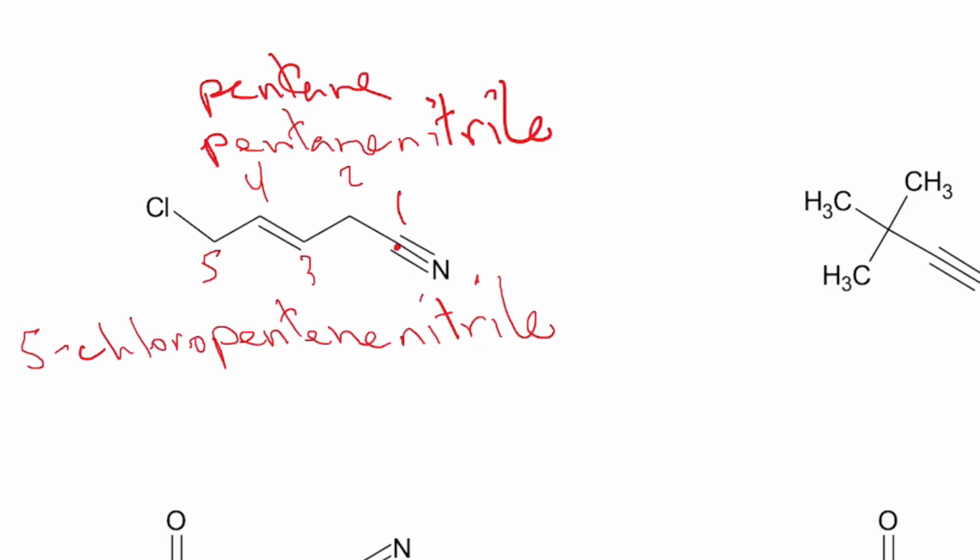Some things that are missing then is the position of the double bond. So that'll be in the 3 position, so I got to insert that into here. The nitrile doesn't need a 1 in front of it because it's the highest priority group, and it's assumed it's on the end. And the other thing is the stereochemistry. So I need a stereochemistry here, so out front we're going to indicate a stereochemistry. So let's figure out the stereochemistry first, and then we're going to rewrite this entire thing.